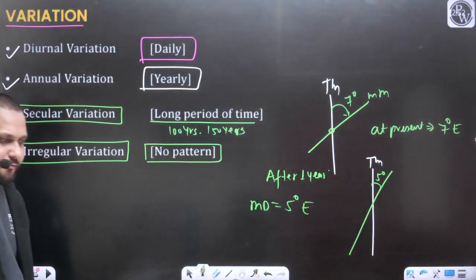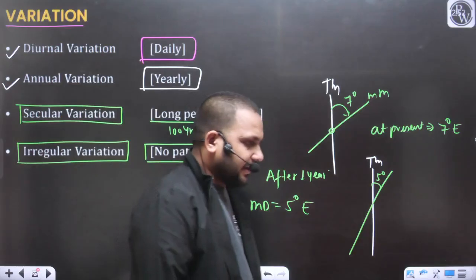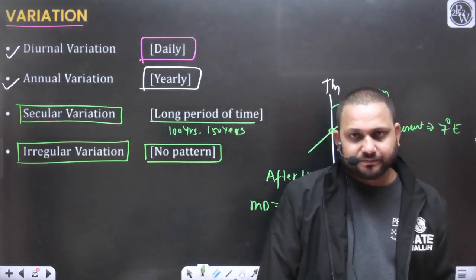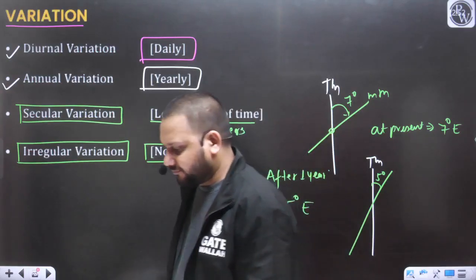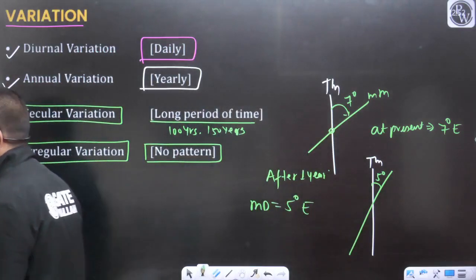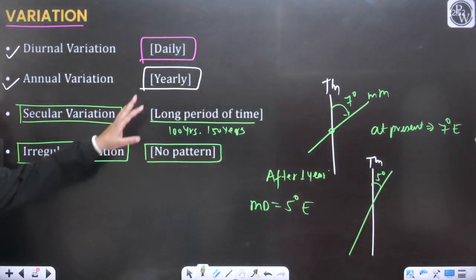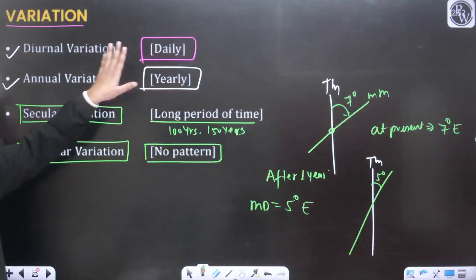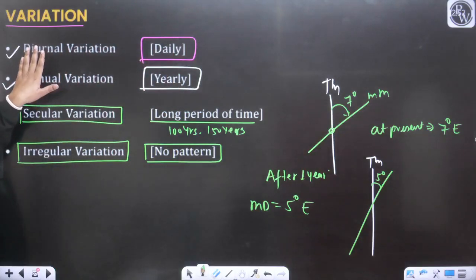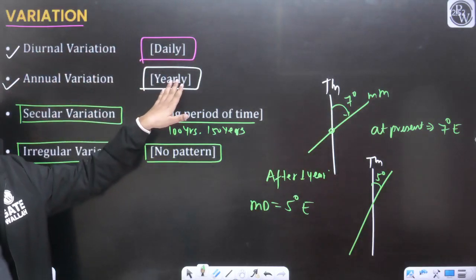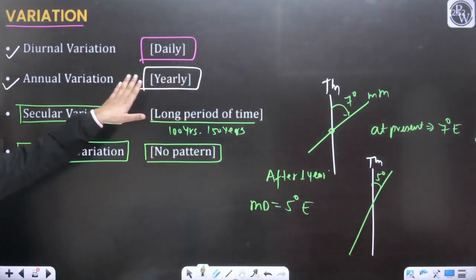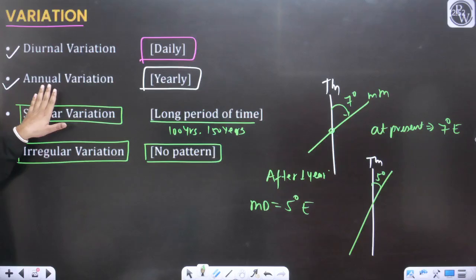So there are four types of variation in the magnetic declination. The variation that we observe on a daily basis is the diurnal variation. The variation that we observe on a yearly basis, we use the term annual variation.